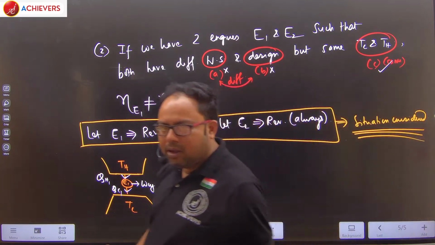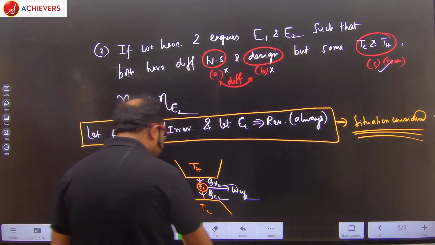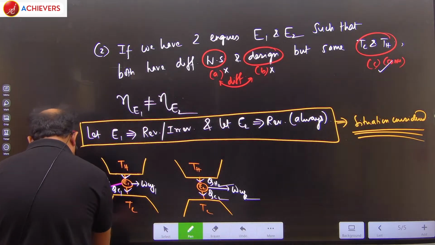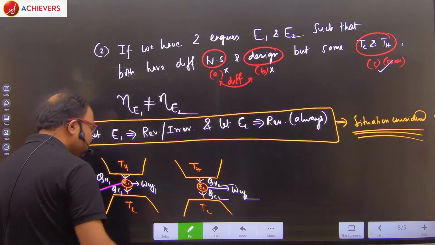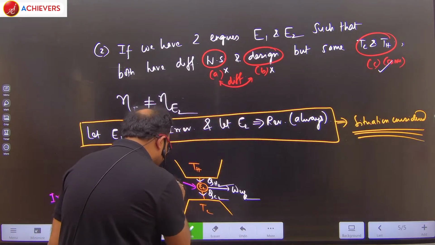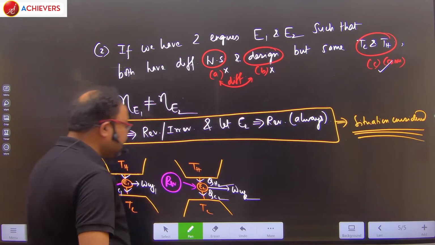Now, we must ponder a very important fact. We know that this E1 can either be irreversible or reversible. But this E2 is always reversible. So what can you say?